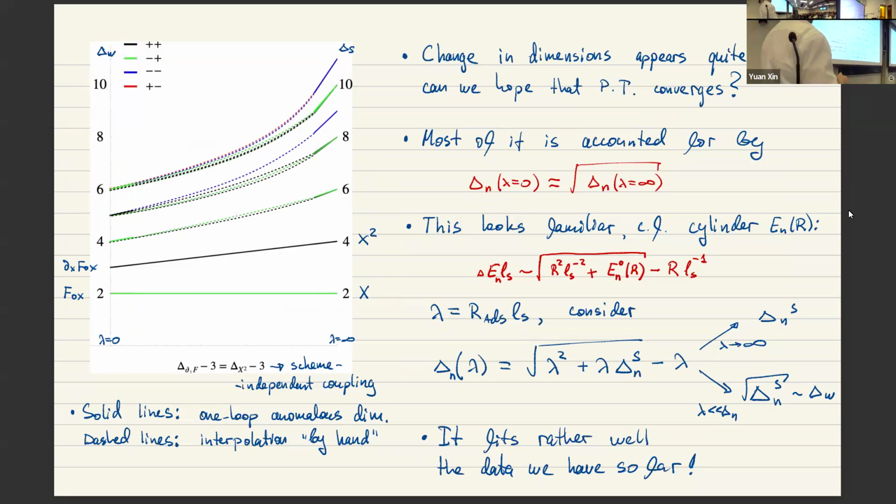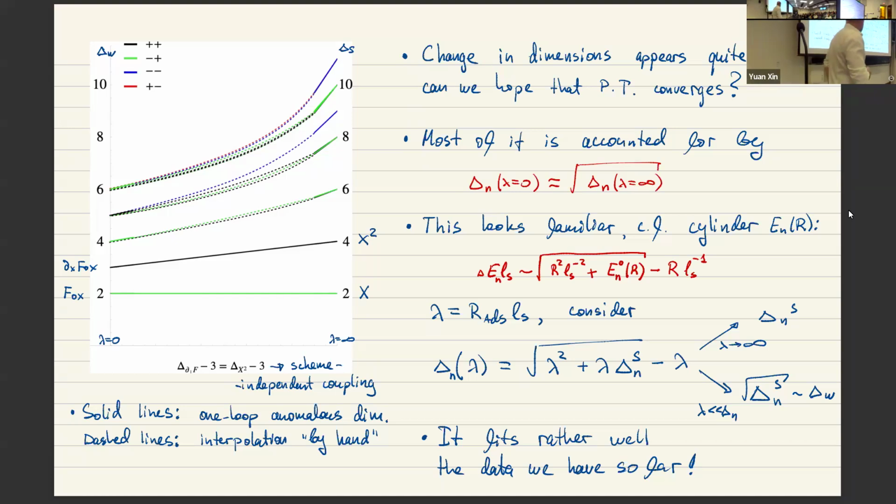But you see that these lines do not seem to do anything too crazy. However, as you know, say 6 goes to something like 10 or 11. So you may say, well, that's quite a large anomalous dimension. So how can I be optimistic that I can compute this perturbatively? However, most of this change in anomalous dimension is accounted for by the square root formula.